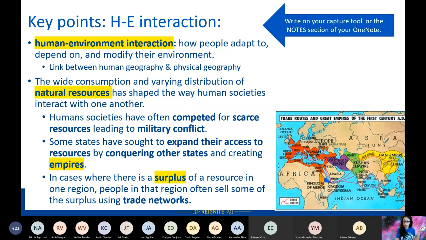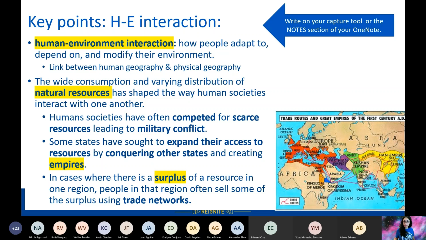In terms of interactions, we know that when natural resources are scarce, people tend to compete for those resources, and if they have a military, they tend to use it, often leading to war. We know that some states historically tended to want to expand their access to natural resources by conquering other states, and when they do that, they create a giant state that's called an empire.